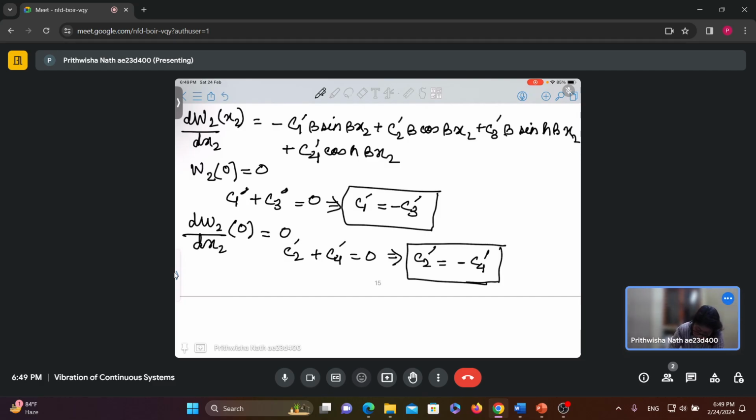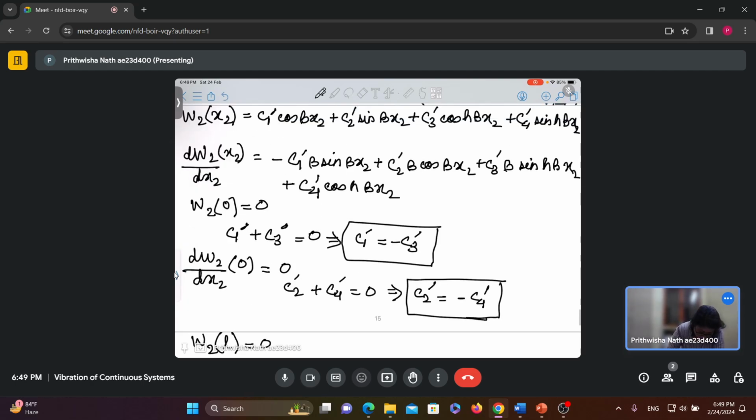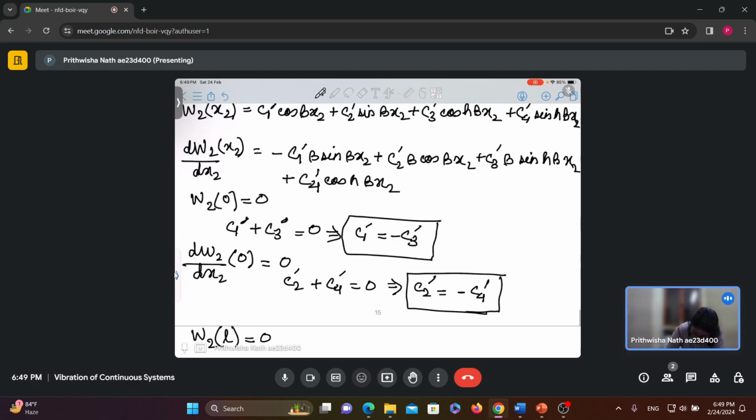Now for W2 at x2 equals L, it is 0. Now I'll put L in place of x2.